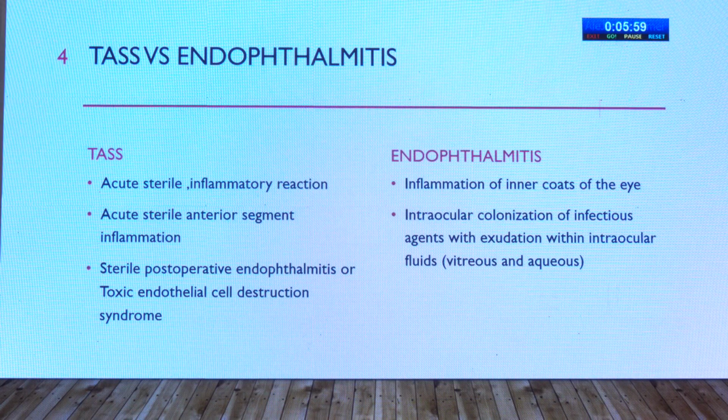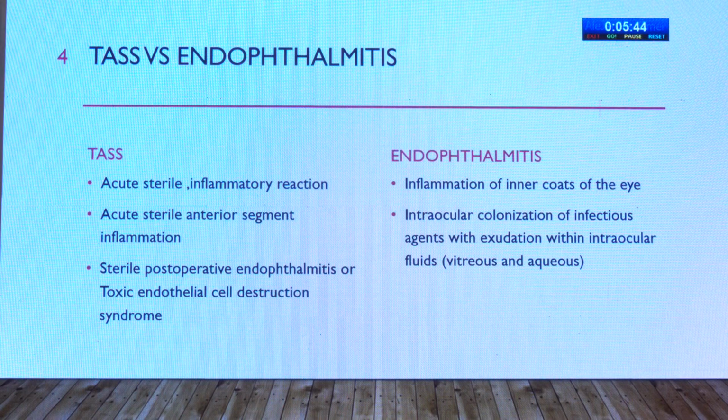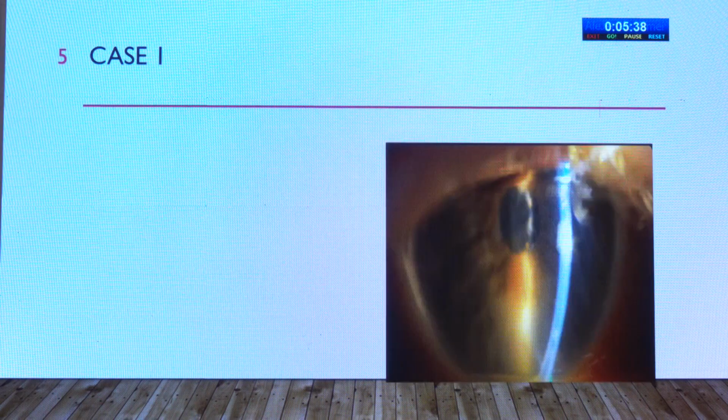TASS is an acute inflammatory reaction of the anterior segment, or we can say sterile post-operative endophthalmitis. While endophthalmitis is the inflammation of the inner coats of the eyeball and intraocular colonization of the infectious agents with exudation in the intraocular fluids, that is vitreous and aqueous.